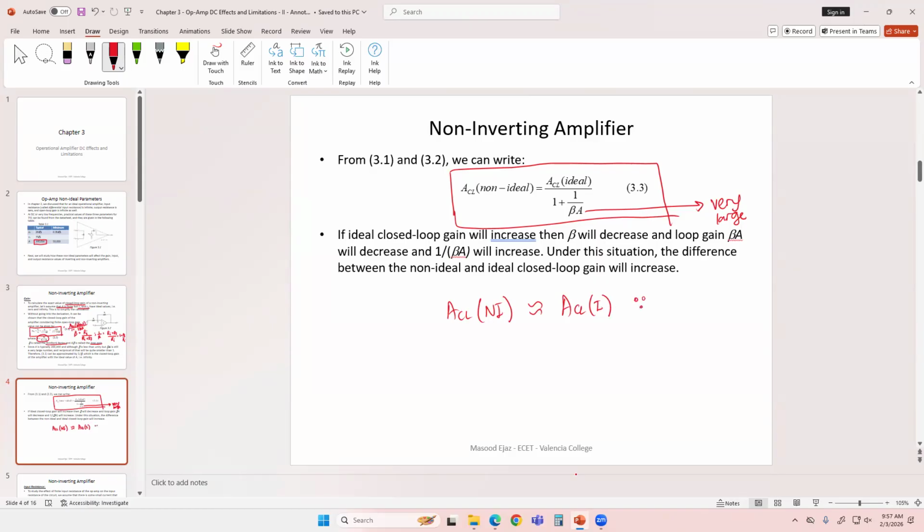since 1 over beta A tends to 0. It's not going to be 0, but it's going to be very small.